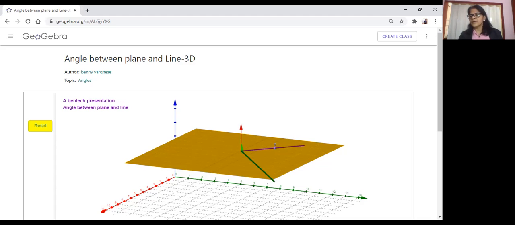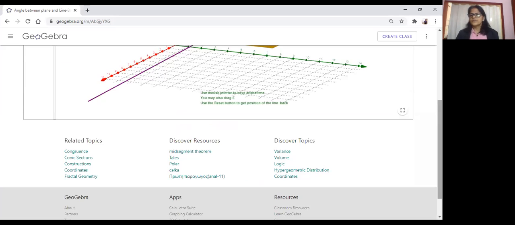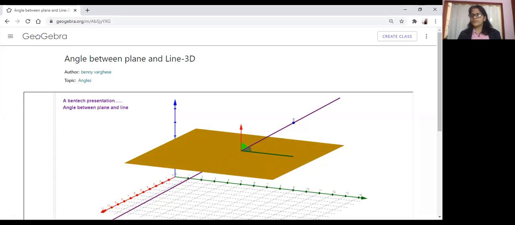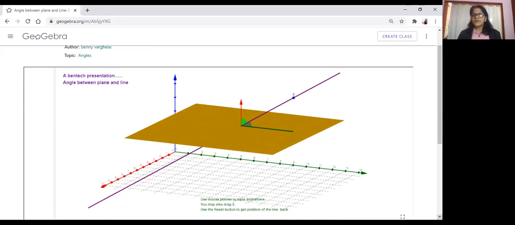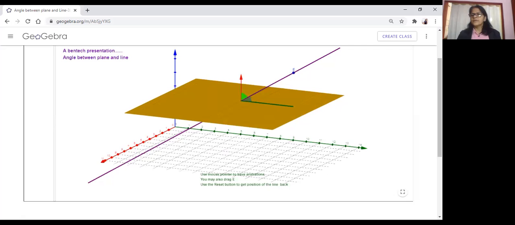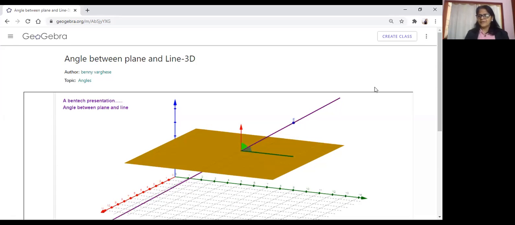If you have watched the previous videos in all the lessons in 3D geometry, starting from lines in space, specifically skew lines, I have been using the GeoGebra applet so that it is actually easier for you to visualize. Otherwise, drawing the line and plane, you will not get that feeling of studying 3D geometry.